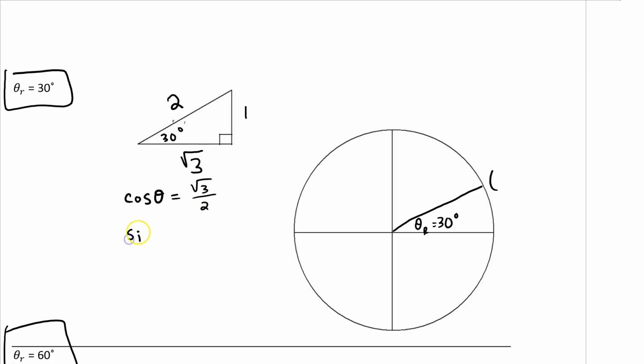And we can be more specific here. We can say the cosine of 30 and then the sine of 30 is going to be opposite over hypotenuse, which is 1/2. So cosine is going to be root 3 over 2, and then the sine is going to be 1/2. I'm going to use the same colors as I did in the last video, just to be consistent.